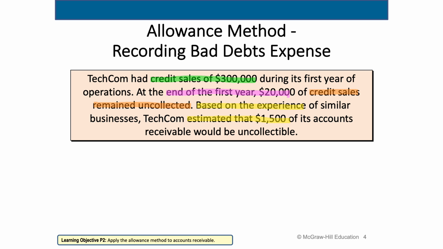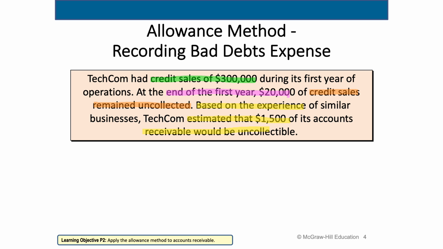So now how am I going to record the bad debt expense? Why is it a bad debt expense? Because the company is not going to collect the money. So remember, the bad debt expense is an estimate. How much did Telecom estimate? They estimated 1,500. So how am I going to record the bad debt expense here? Remember, we're doing the allowance method.